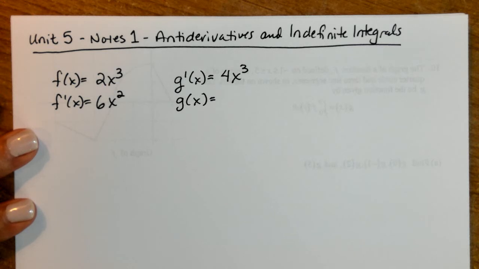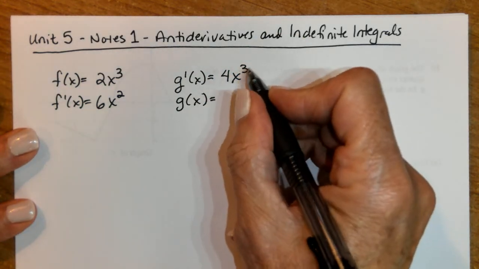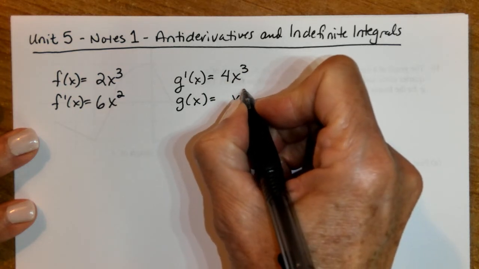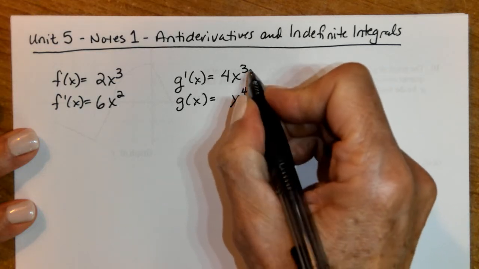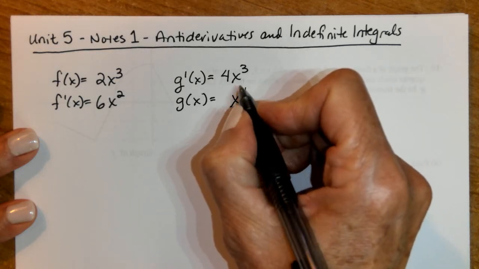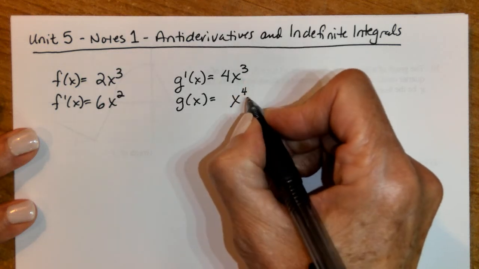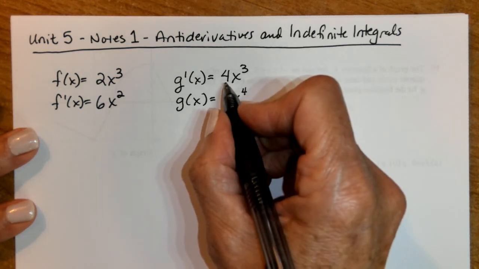So in class, I would go through, people would give me suggestions on what this might be. But let's think about this logically. I know that to get the derivative, we decrease the power by 1. So that means that the power on this function must have been a 4. So we're always going to add 1 to that power when we're trying to find that original function, when we're trying to find the antiderivative. Okay? What happens with that 4?